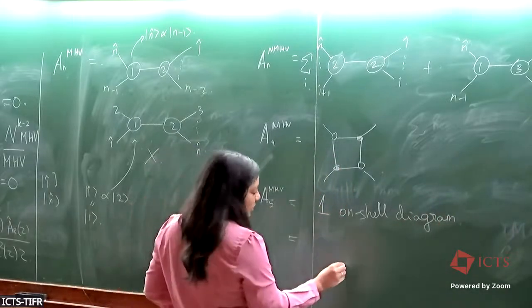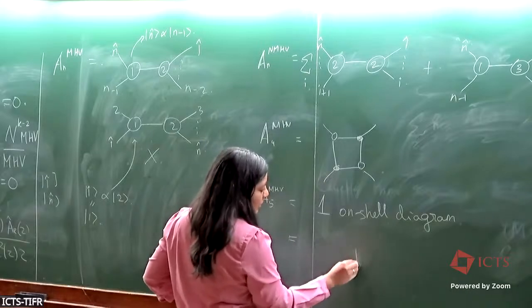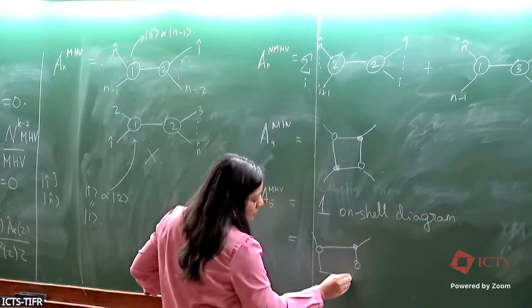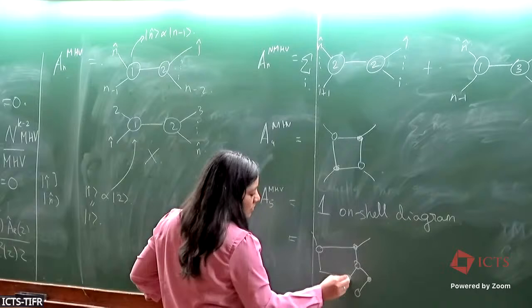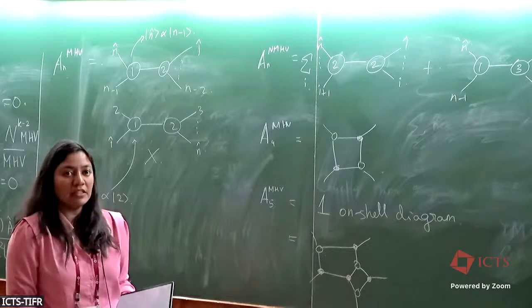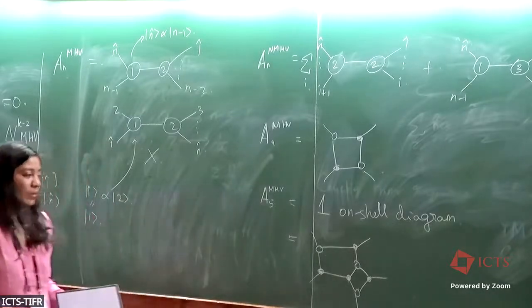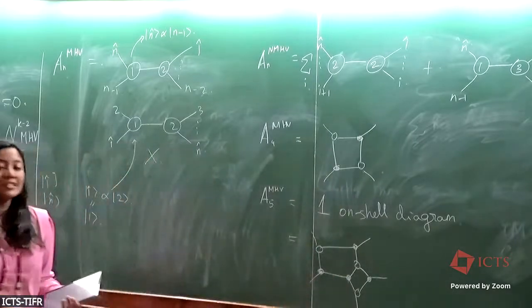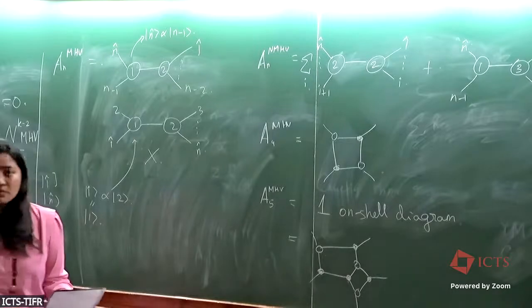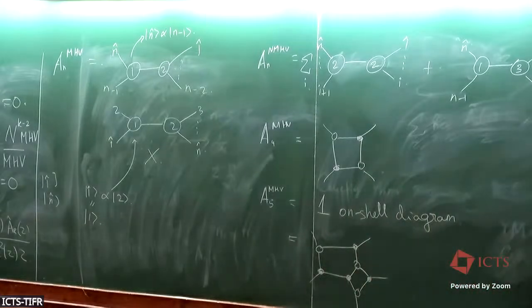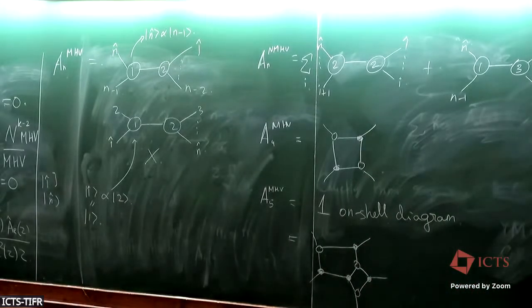We'll go into exactly why this is the case in a second. While this looks like a loop, we'll go into exactly why this is a tree-level amplitude, but it makes sense that it's represented by 1 diagram. Questions so far, and then we'll go into exactly what on-shell diagrams are.